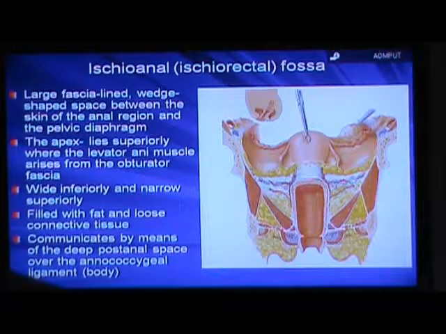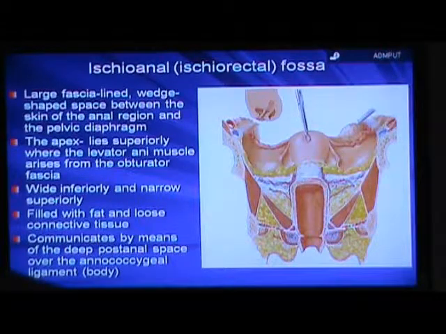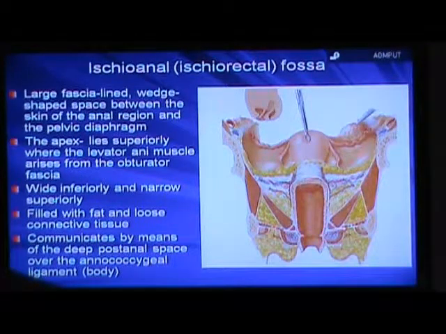The apex of the ischioanal or ischiorectal fossa lies superiorly where the levator ani muscle, look, this is the levator ani muscle, arises from the obturator fascia. This is the obturator internus muscle. Here is the fascia of this muscle, and this is the apex of the ischioanal, ischiorectal fossa.